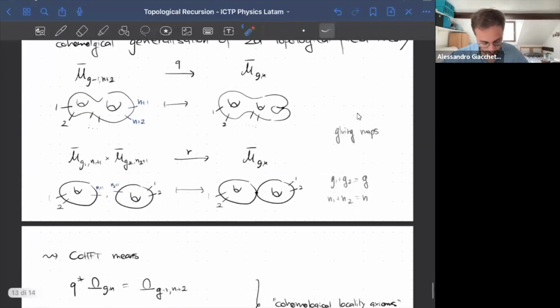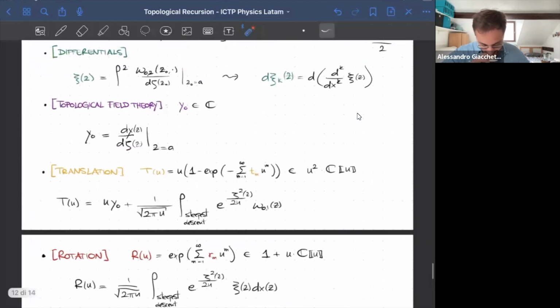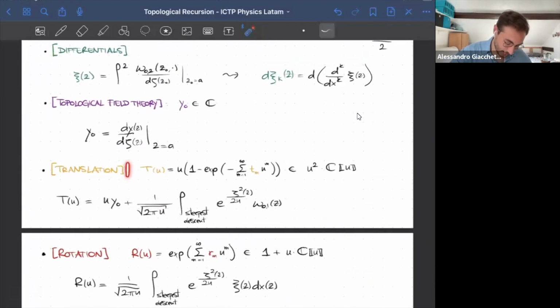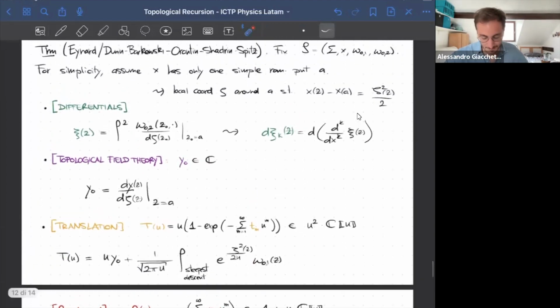Well, maybe one thing that I wanted to say is a bit of motivation for these names, which right now seem a bit random. But the point is that this statement can be generalized when you don't have just one simple ramification point, but an arbitrary number.